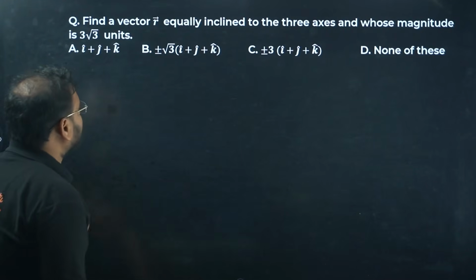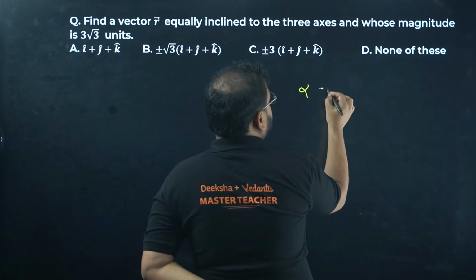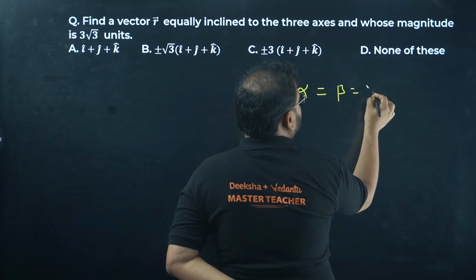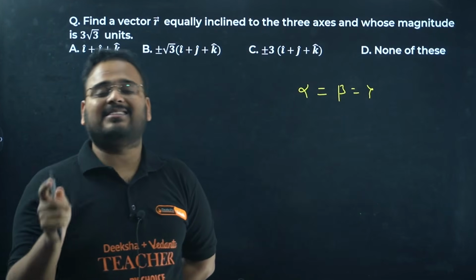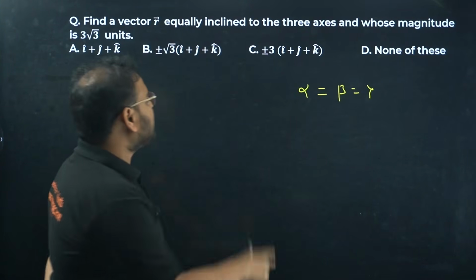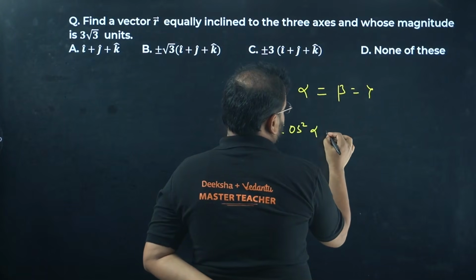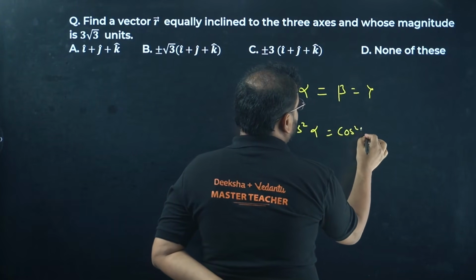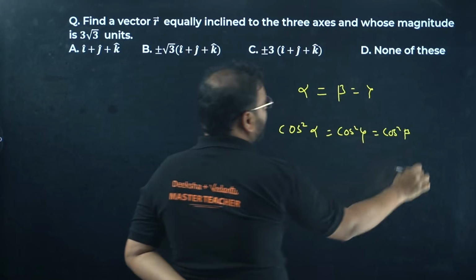Find a vector r equally inclined to the 3 axes. It means alpha is equal to beta is equal to gamma. It means the vector in this case is inclined to all the axes with the same angle. Can that happen? Yes, sir. So when this happens, of course, cos square alpha will be equal to cos square beta and cos square gamma.